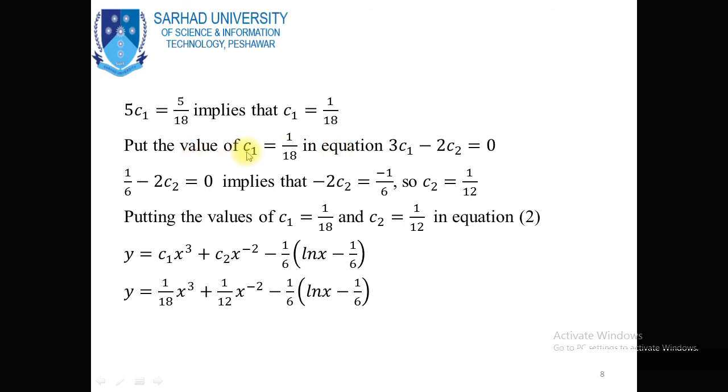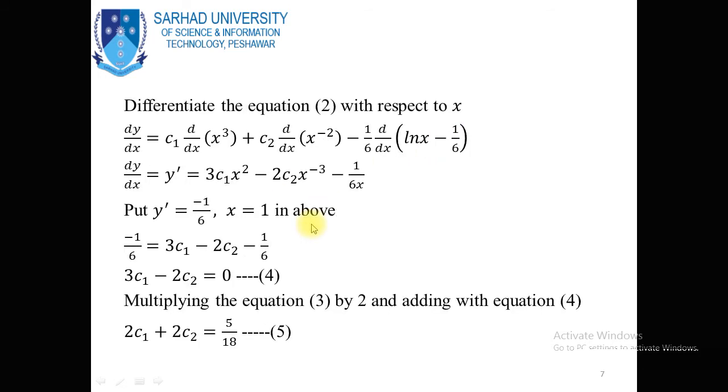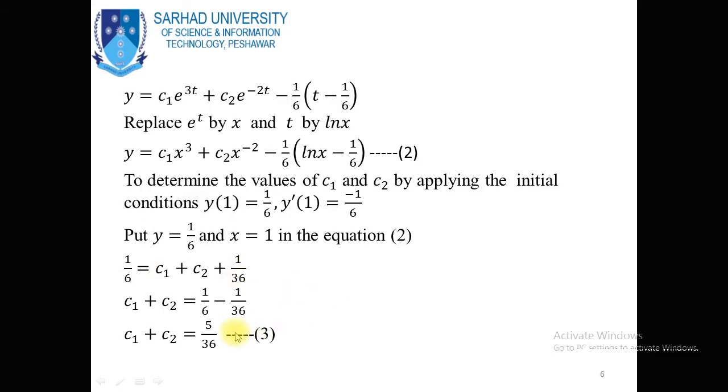Now putting the value of c1 is equal to 1 over 18 in the equation 3c1 minus 2c2 is equal to 0. You see over here, this is equation number 4. Putting the value of c1 in this equation number 4, and we can also put the value of c1 into equation number 3.